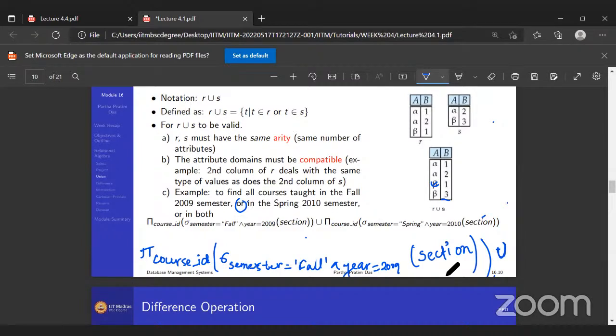You need to understand only how these things are constructed. That is just an example, you have to know only how this is constructed. Only the notation.